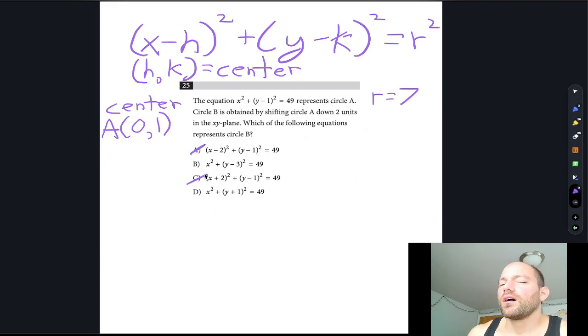Now, I'm going to show you how to answer this problem for real, but I'd like to give you a little glimpse into the way I see this kind of thing. Notice that this is number 25. So if we're on 25, we're in the calculator section, and we're in the second half. We're pretty late in the section, right? Remember, there's only 30 multiple choice questions in the calculator, so 25 is up there.